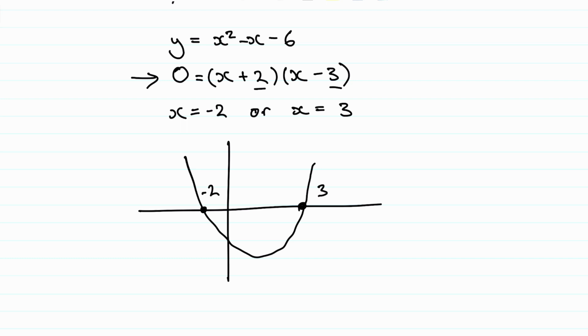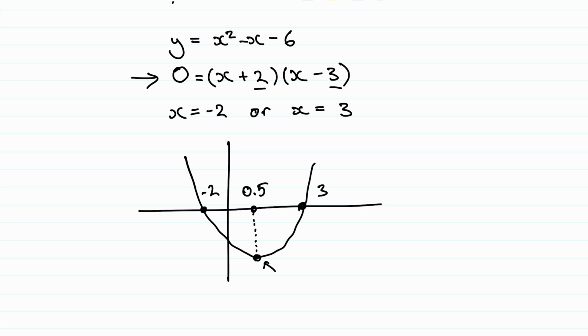And to find then the position of this minimum, we could use the symmetry of a quadratic curve. So if it goes through minus 2 and 3, then the midpoint here must be 0.5. And we could then sub the x value of 0.5 into our equation to get the corresponding y value.